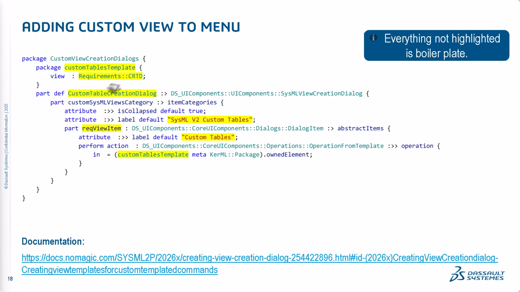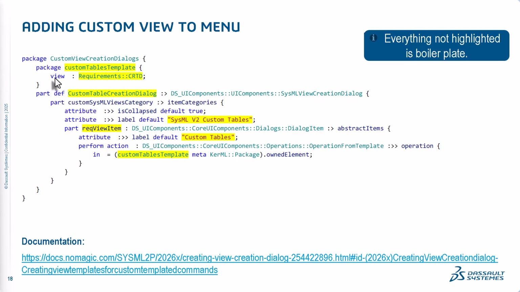Okay, so again, everything that is not highlighted in this case is boilerplate. So you create a package. You can name it whatever you want. In this case, we're naming it custom view creation dialogues. And then you need a package, this custom tables template. You just need a name for what your templates are going to be.